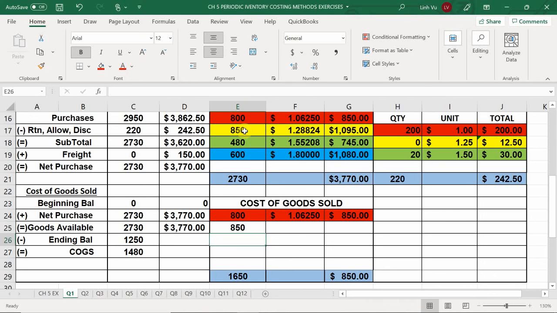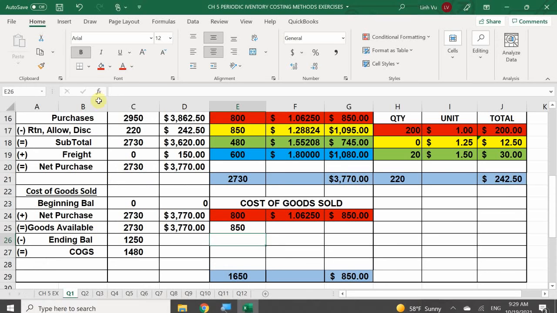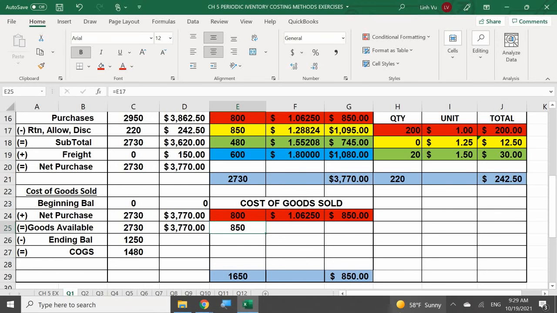In this case, that's 850 units. 850 put me at 1650, which is way over the amount that I actually sold. So how much did I actually sell from my yellow batch?